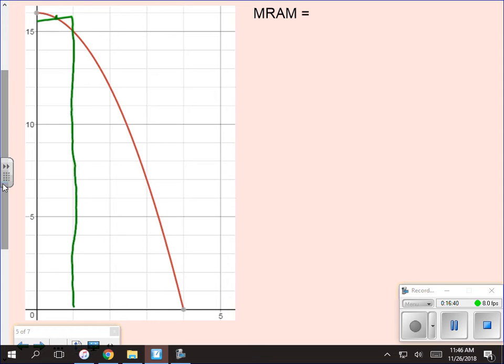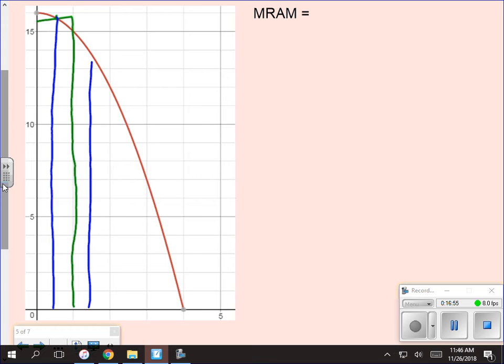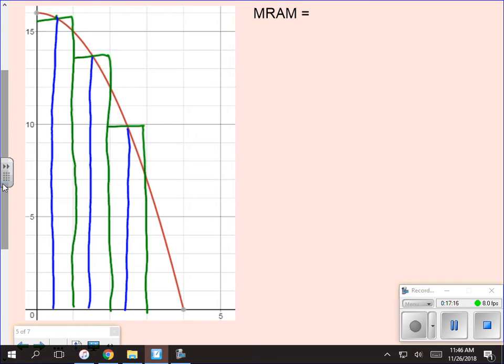I go up the middle until it hits, and that's the top of my rectangle. I go up the middle of this interval until it hits, and that gives me the height of my rectangle there. I go up the middle until it hits, and that gives me that one.